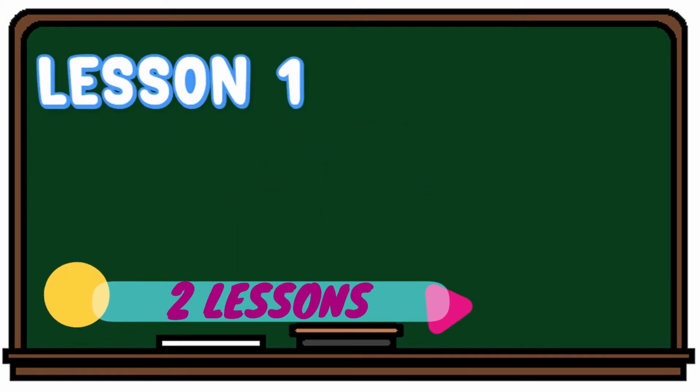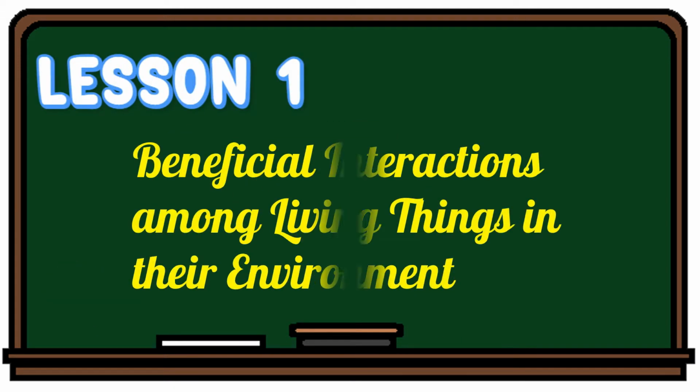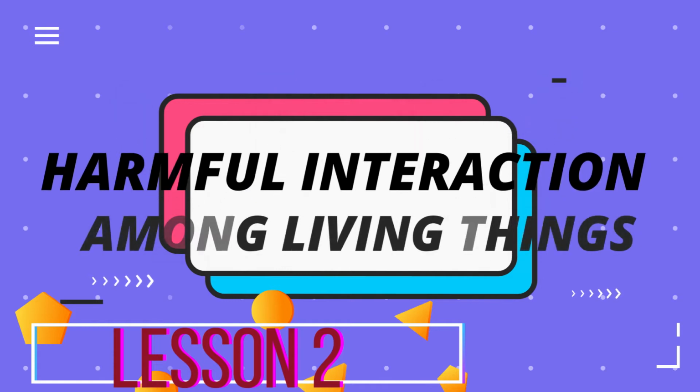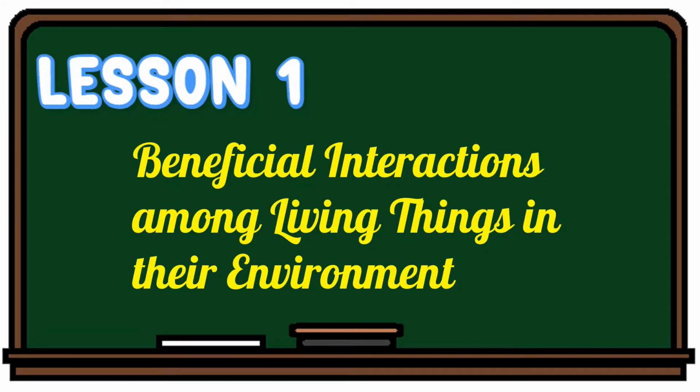For Lesson 1, you will learn about the beneficial interactions among living things in their environment. For Lesson 2, you will learn the harmful interactions among living things. So for today's lesson, we are going to discuss the beneficial interactions among living things in their environment.